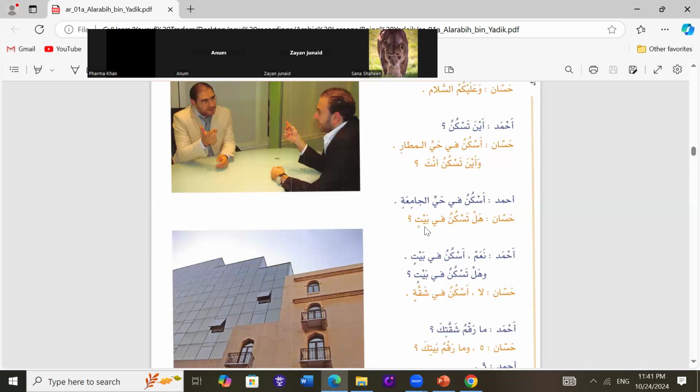This is the tip. You can note it down, and in next lessons or conversations you will notice it. Fil baiti means in the house. Fi baitin means in a house. Are you noticing the difference?